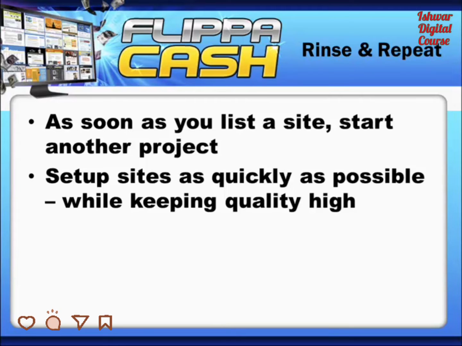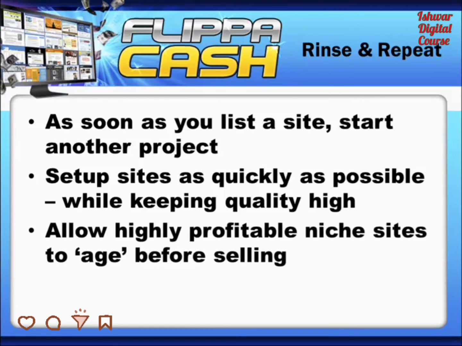Now, sometimes you might stumble onto a niche that could be very, very profitable for you. What you might consider doing is not listing that site right away. Get it all set up, make it all work, and do some link building so that it actually makes some sales, and allow that site to age for a little while.